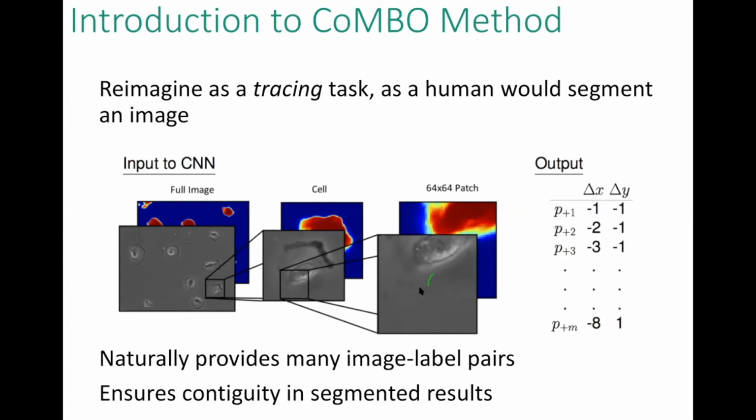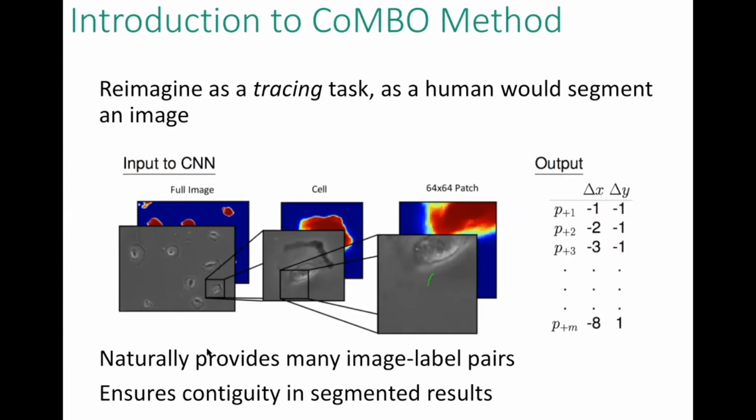So we try to figure out, in which direction is the boundary of the cell going? Okay, and so the reason this solves some of the previous issues is it ensures contiguity in segmented results because we're literally tracing the boundary of the cell. So we don't have to worry about having patchy regions on the interior.